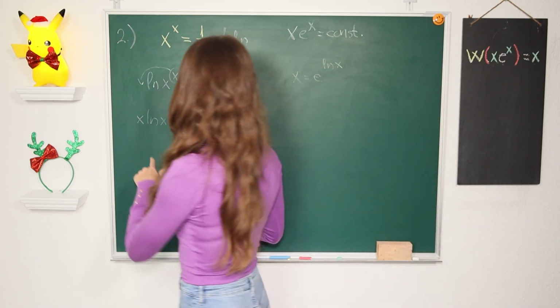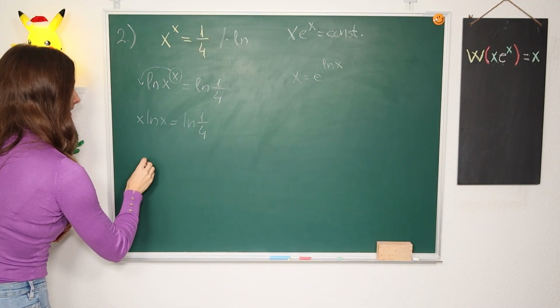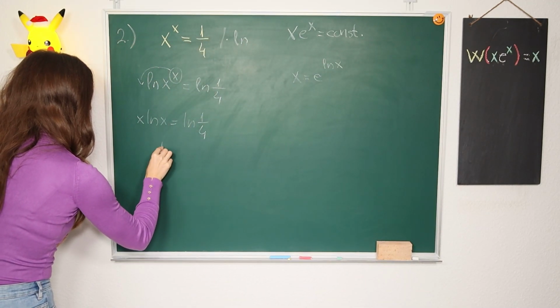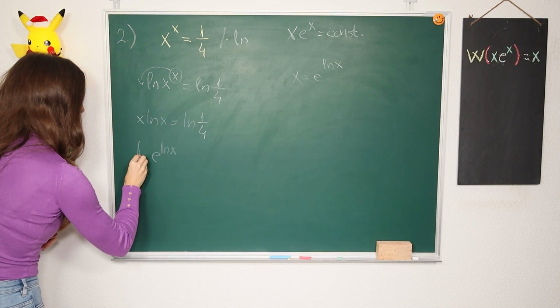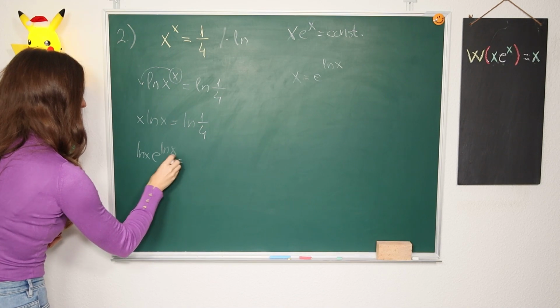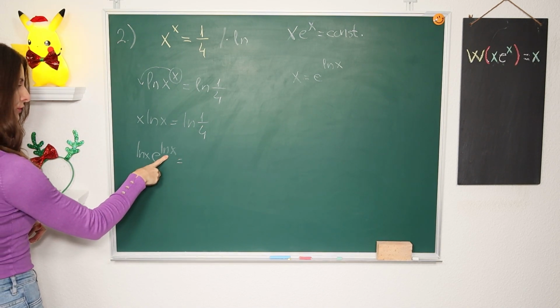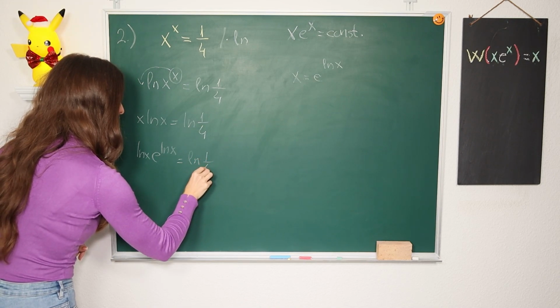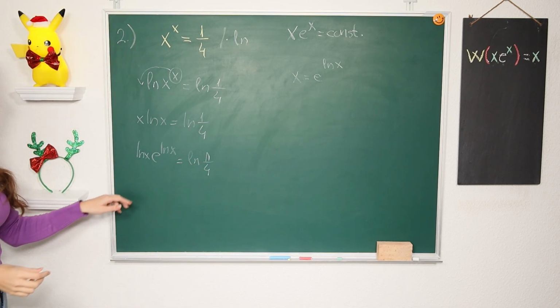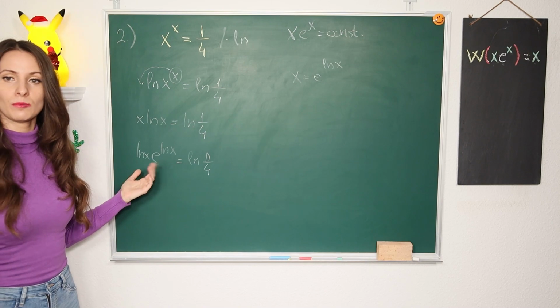So let's write this x as e to the ln of x, and let's put this ln of x here in front. And we have ln of x times e to the ln of x is ln of 1/4.